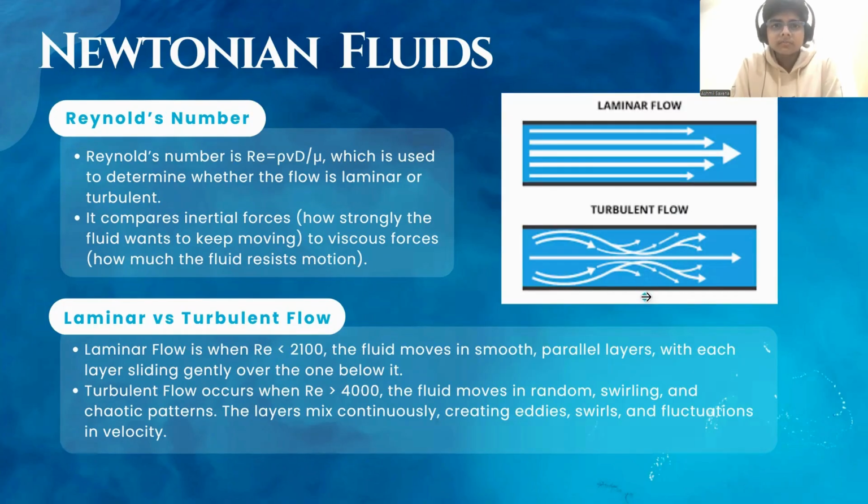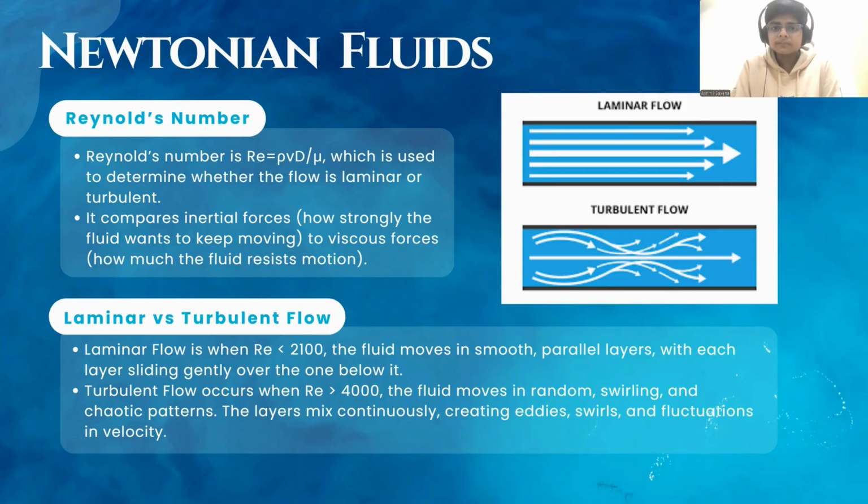Now talking about the Reynolds number, which is a very important concept in itself. The Reynolds number compares the inertial forces to the viscous forces. Its formula is rho V d by viscosity mu, and it is also used to determine whether a flow is laminar or turbulent. So now we need to define what laminar and turbulent flow are.